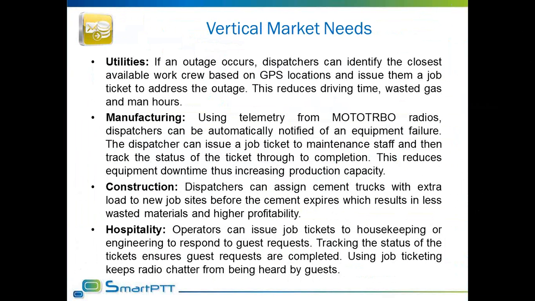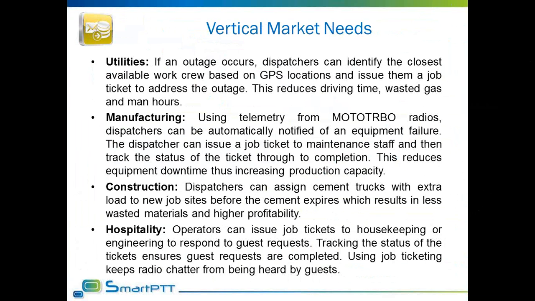So as new outages are reported, the dispatcher can issue job tickets to the closest available work crew based on their GPS locations. By being able to identify the closest work crew to an outage, this is going to help reduce driving time, wasted gas, and wasted man hours as well.